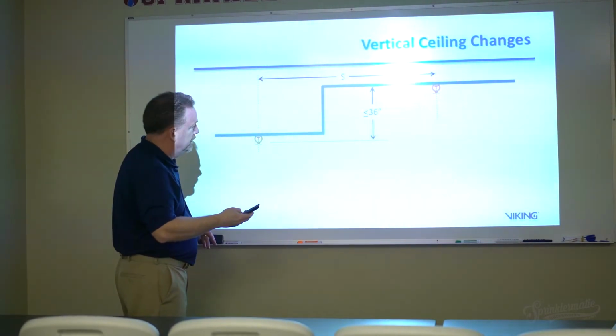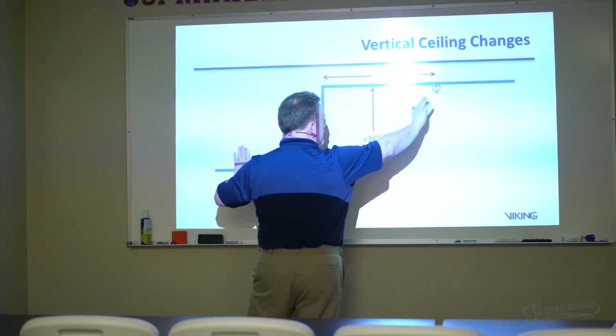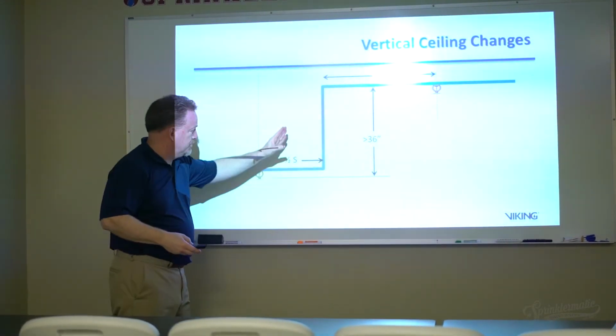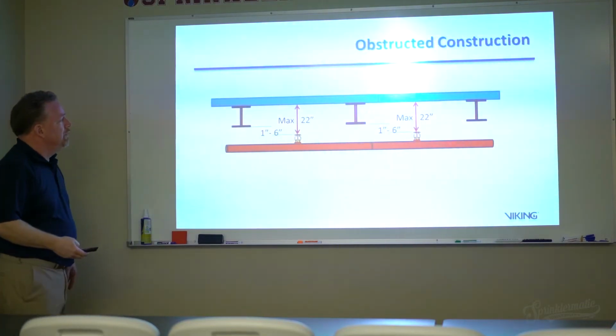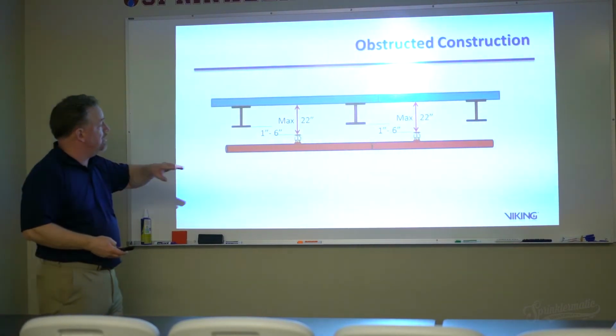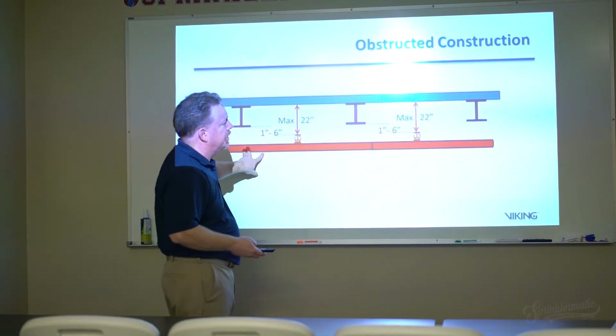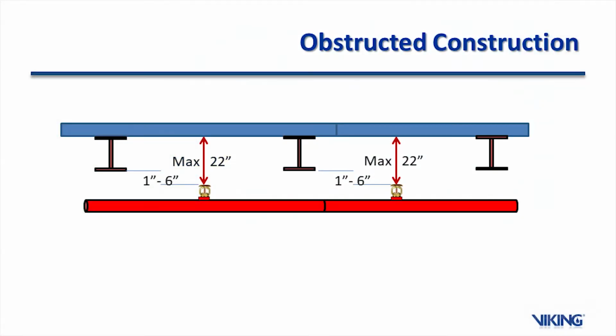With this next one, I'm going here. All right, it's one wall. I'm limited in how far they'll go apart. All right, similar issue goes in here when we come to obstructed construction. Maximum, as I said earlier, 22 inches from the ceiling, but also correspondingly, it is 1 to 6 inches below the bottom of the obstructing construction, the bottom piece of the structural member.